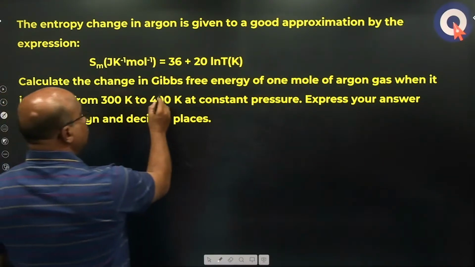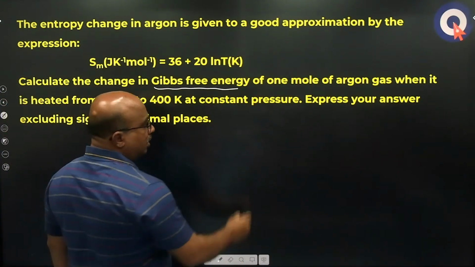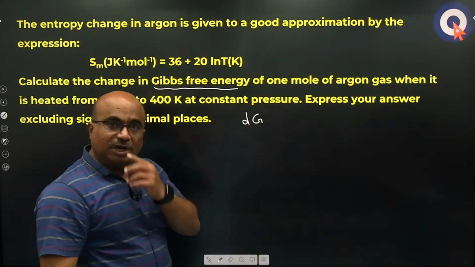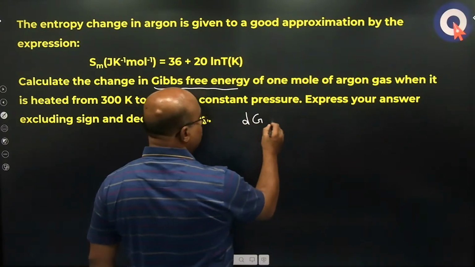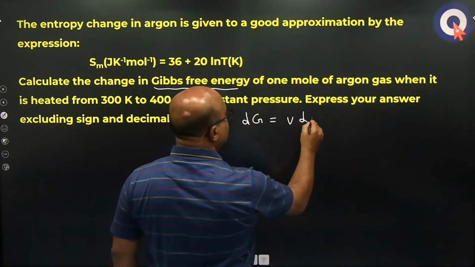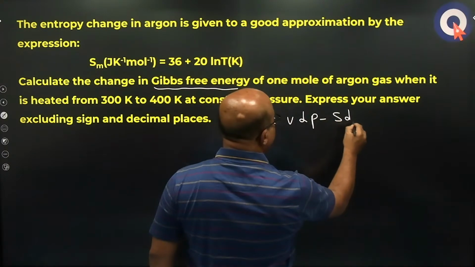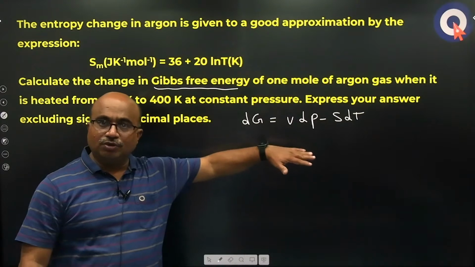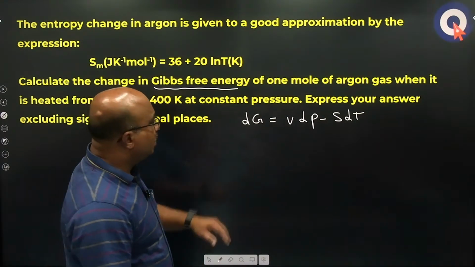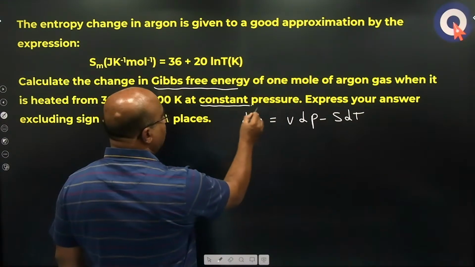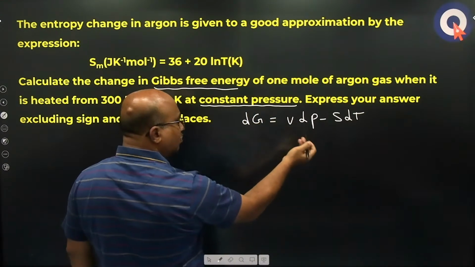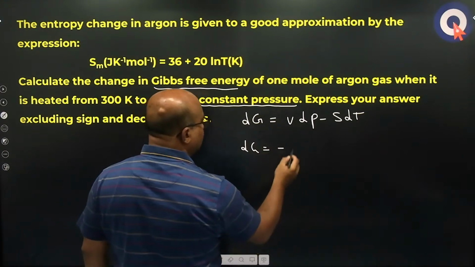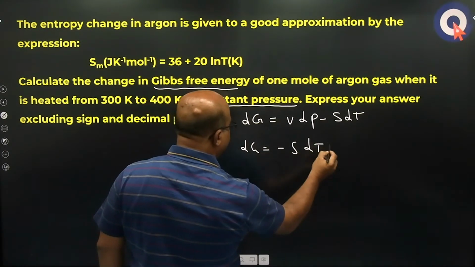For the Gibbs free energy change, we take the standard thermodynamic relation: dG is equal to VdP minus SdT. It is a basic thermodynamic relation that we use for free energy changes, but the process is at constant pressure, so dP is 0, so dG is equal to minus S dT.